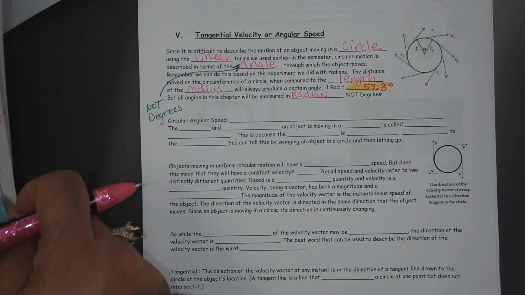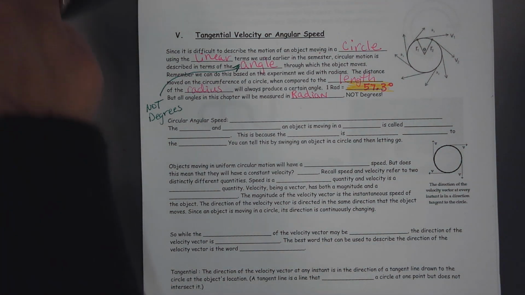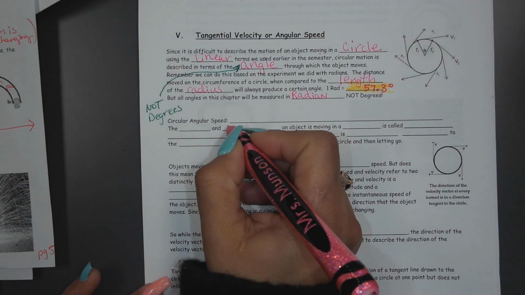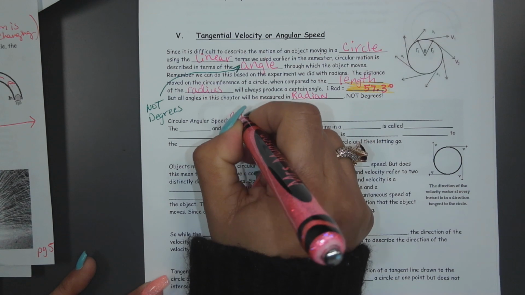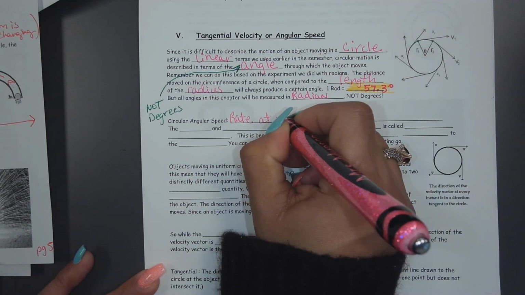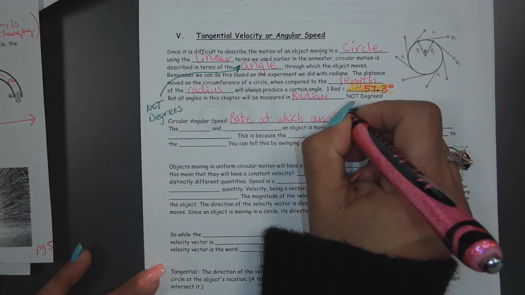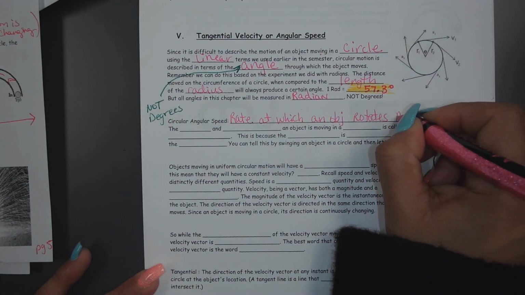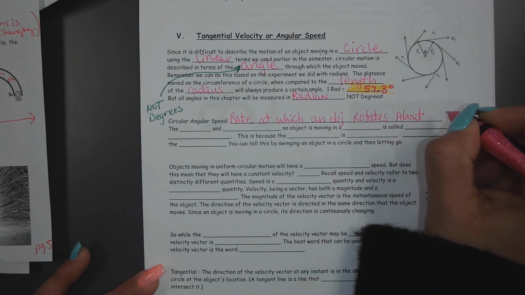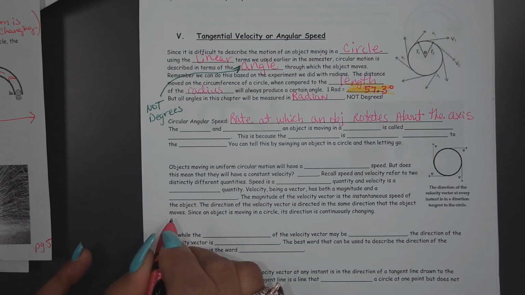Circular angular speed, it says over here, is the rate at which an object rotates about the axis.